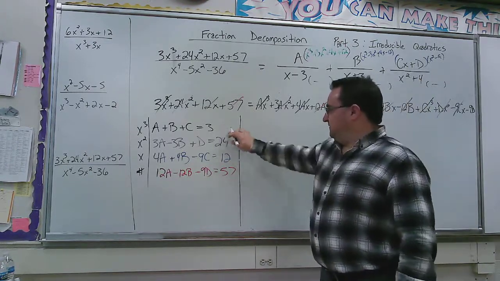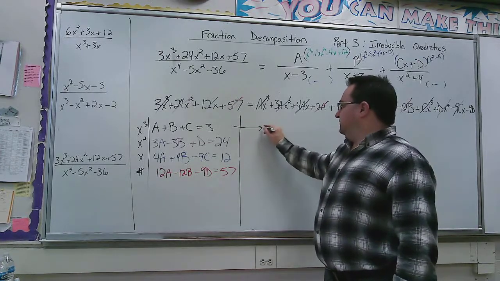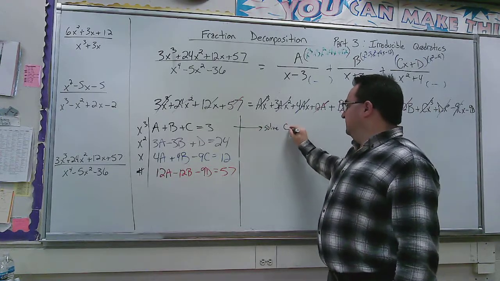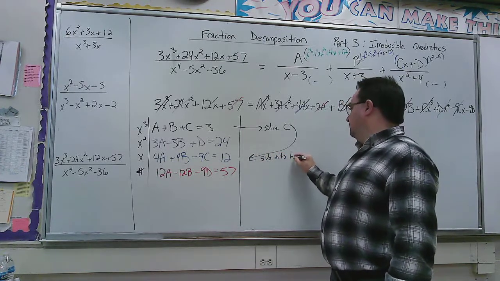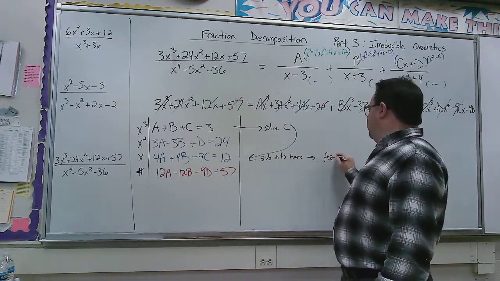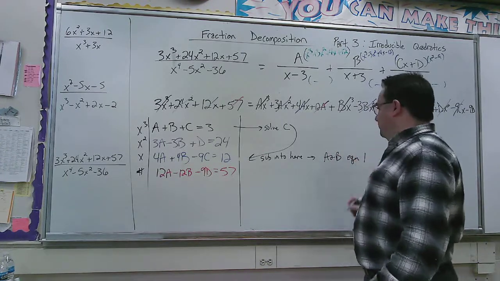If I were to take these two, I could solve this one for C and then sub it into here, and that would give me an A and B equation 1, let's call it.